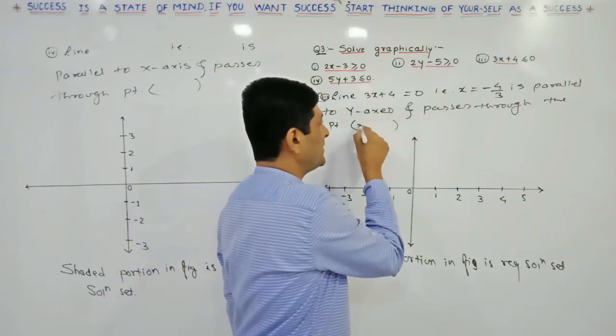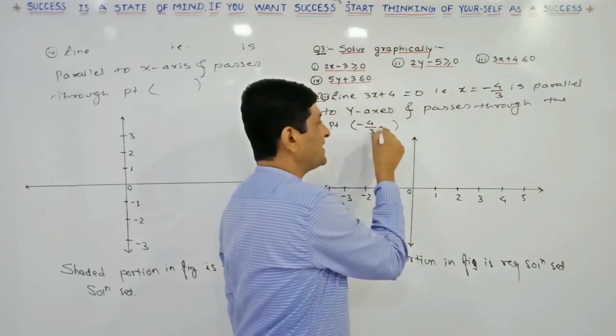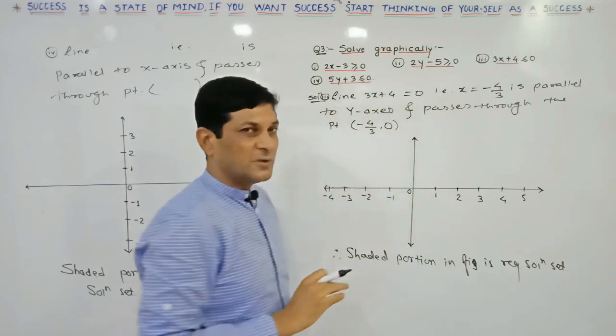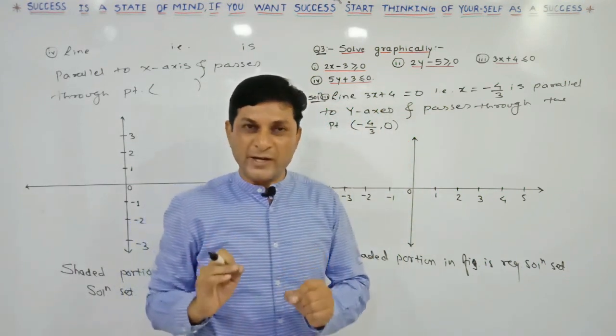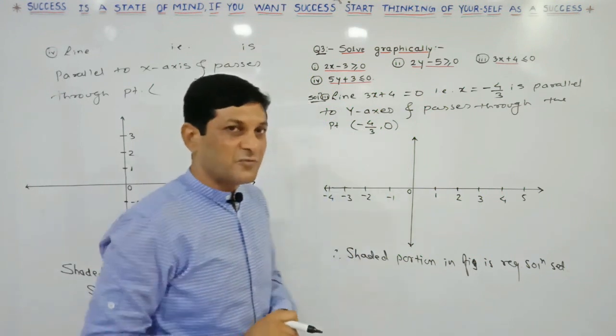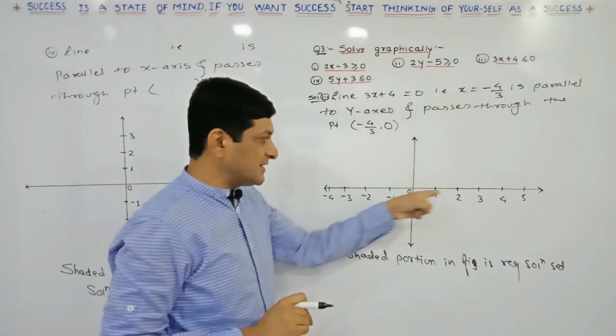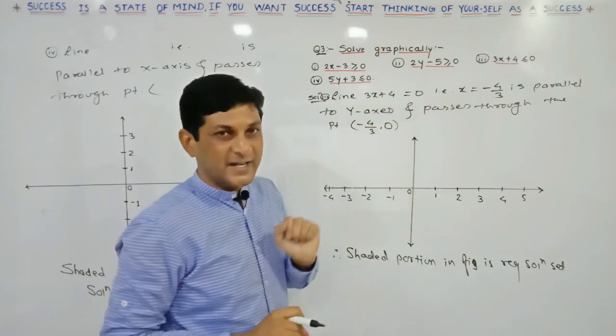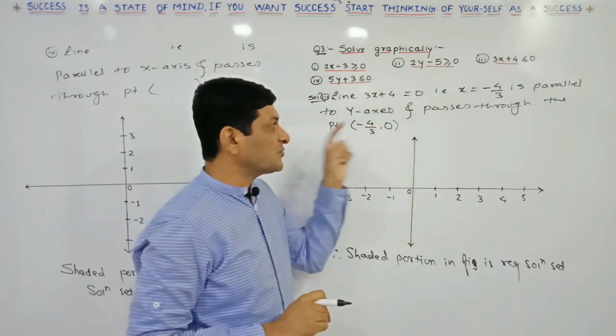So here the x-coordinate is minus 4 by 3, and take the y-coordinate equal to 0. Since the y-coordinate is 0, the point lies on which axis? The point lies on the x-axis, and let us find the position of the point on this x-axis using the x-coordinate. What is the x-coordinate? Minus 4 by 3.